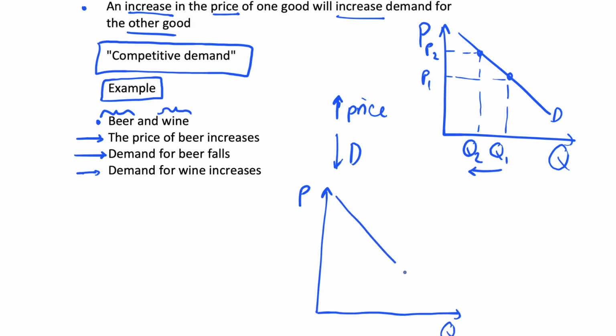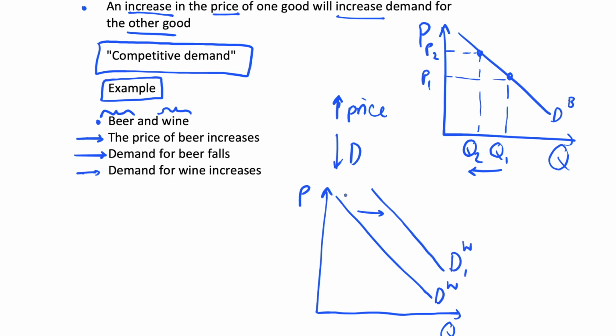And this is a completely different demand curve, so we can put D wine, and maybe I should have put a B on the demand curve for beer, but we're now looking at wine, so I'll superscript that with a W. And because the price of beer has increased, we could shift out our demand for wine, like so, to DW1.